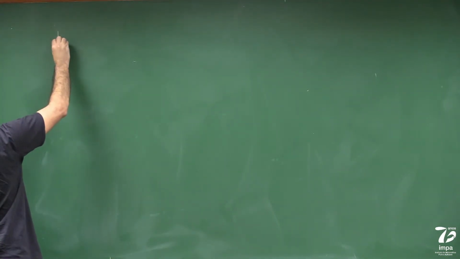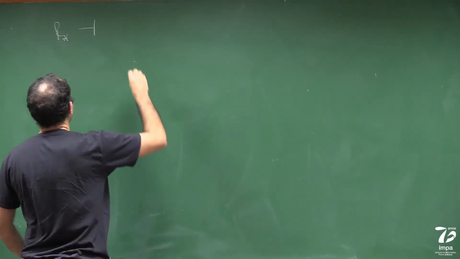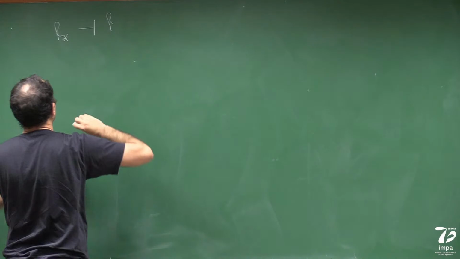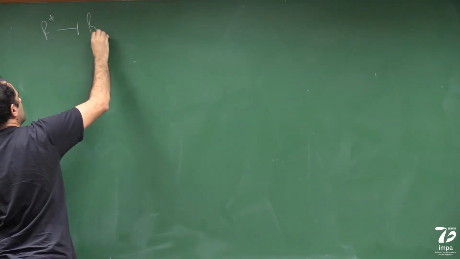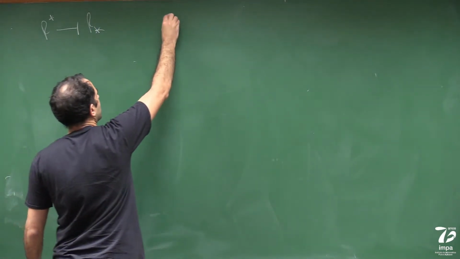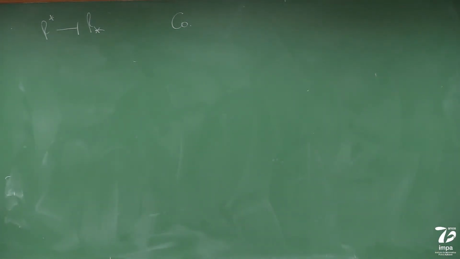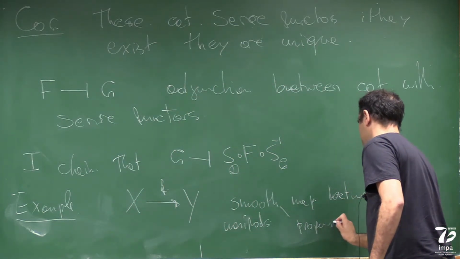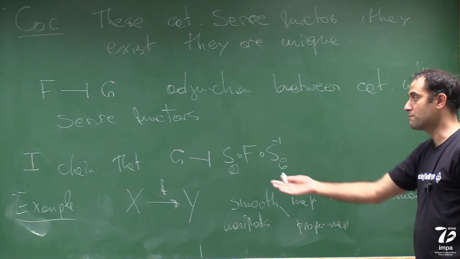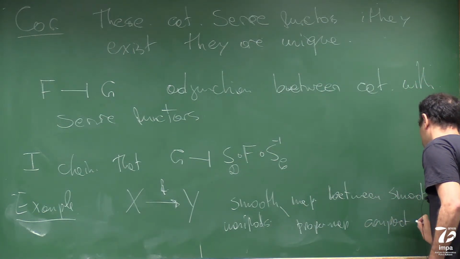We have seen that this guy is the left adjoint to this guy, I'm sorry, the other way around, that this guy is left adjoint to this guy. And these are functors from the category of, let's suppose these are proper manifolds. This is a smooth and proper map. Or if you wish, these two manifolds are compact. Compact manifolds.